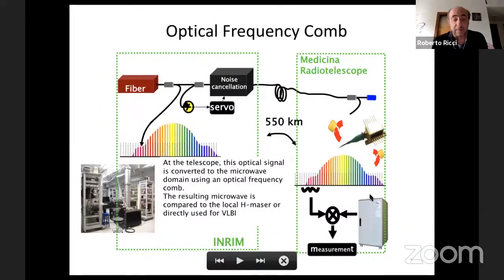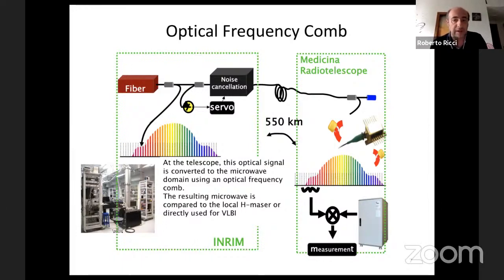How does it work? The optical quantum backbone link effectively uses a phase noise cancellation scheme, and also an optical frequency comb to convert and down convert a laser signal from a radio frequency signal.